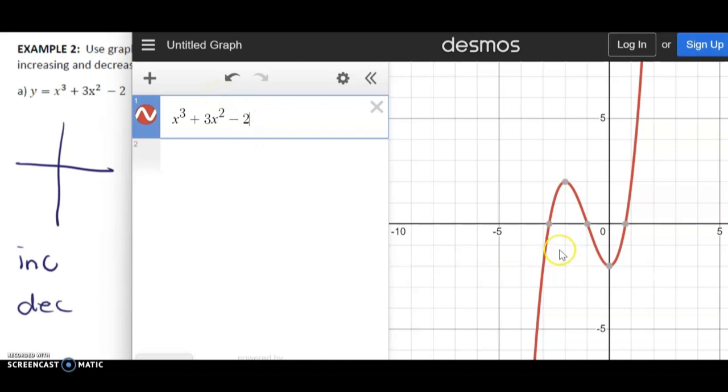Okay, because we're focusing on intervals of increase and decrease, I'm going to plot (-2, 2) and (0, -2).